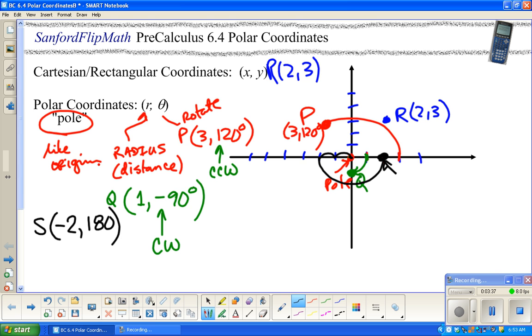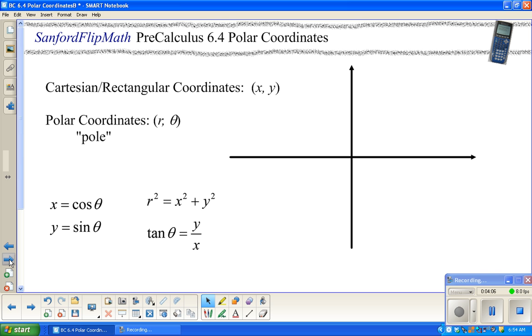This point would be point S. A negative radius goes in the negative direction, so to the left instead of to the right. There's nothing wrong with doing the angle first and then going toward it for a positive r or away from it for a negative r. This is kind of weird and will take a little practice, but there's nothing real deep about it.